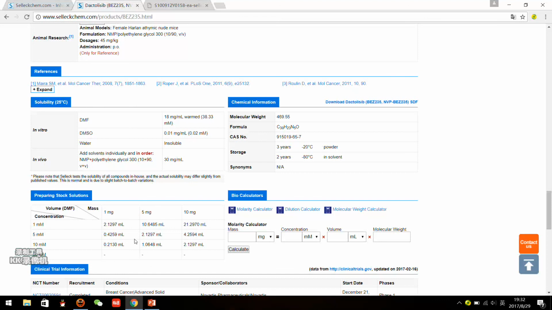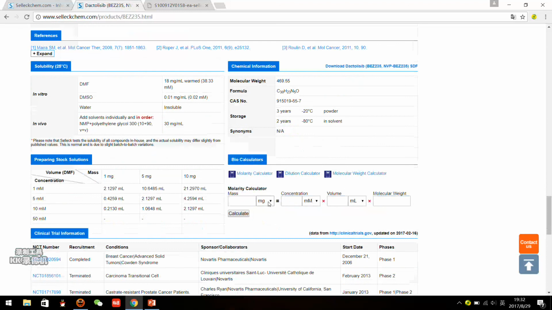There is a tool here, the molarity calculator. We need to calculate to dissolve inhibitor, but the calculation is hard for everyone. This tool will help us so much. Input 3 of 4 blanks.